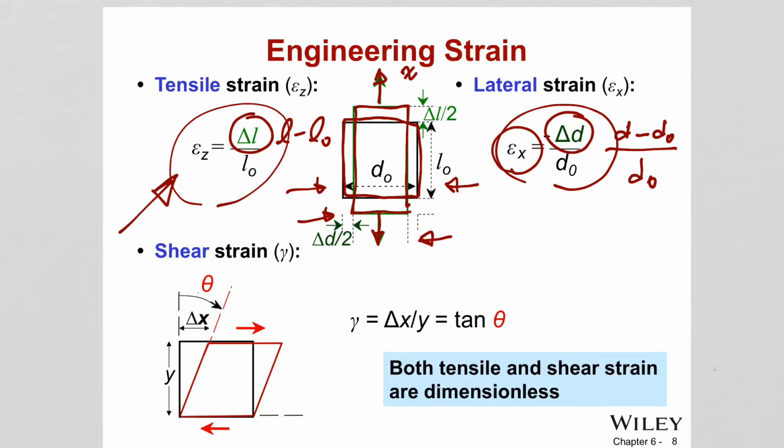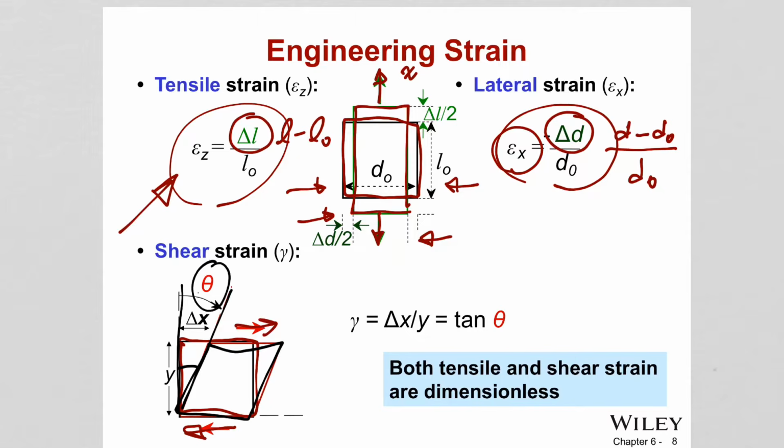Of course, shear stresses will also cause deformation in the material. Just like here, if we expose the material to shear stresses, the material will deform like this, right? So it will make an angle theta compared to the original starting point.